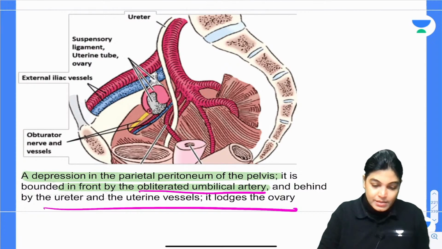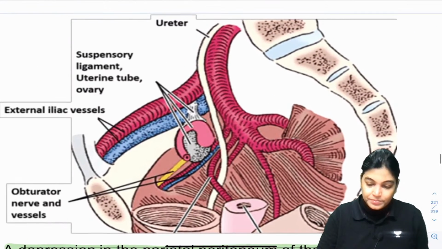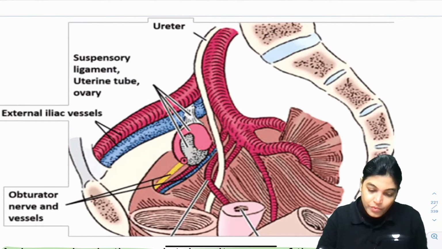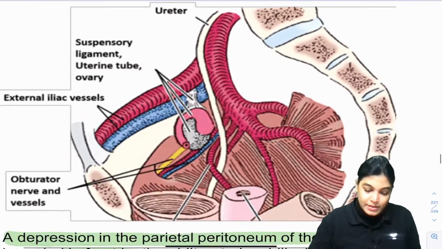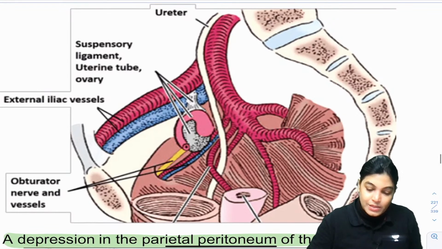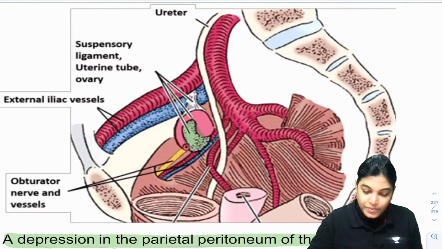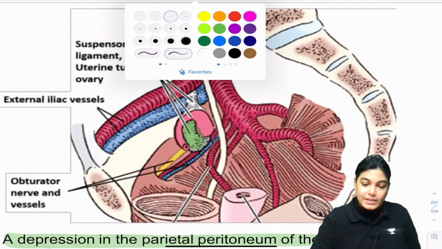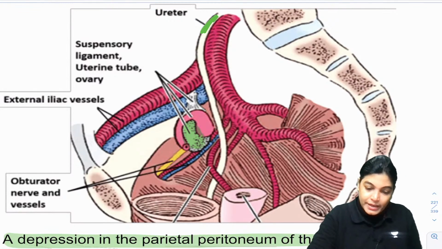Let me enlarge this diagram. See here, this structure is the ovary. It has a posterior relation of the ureter.